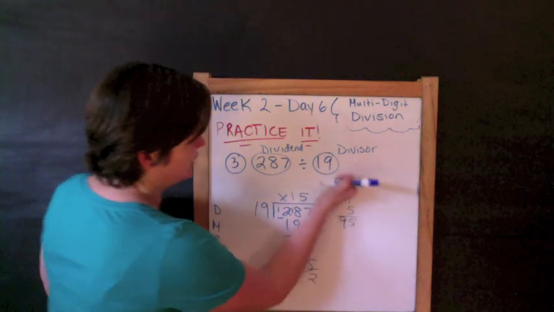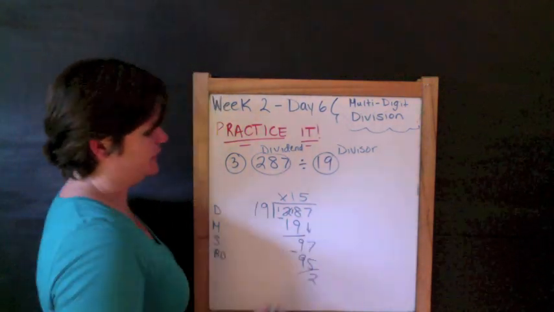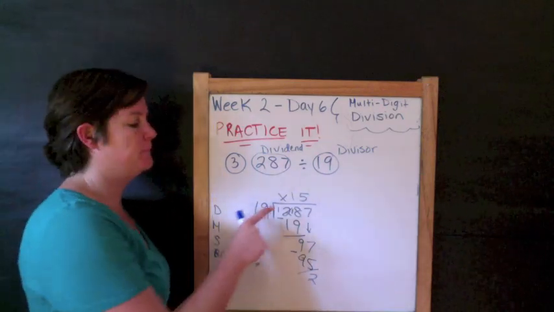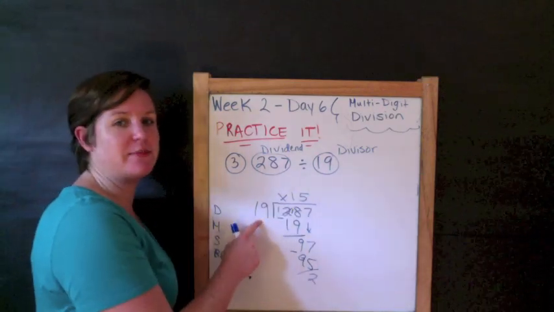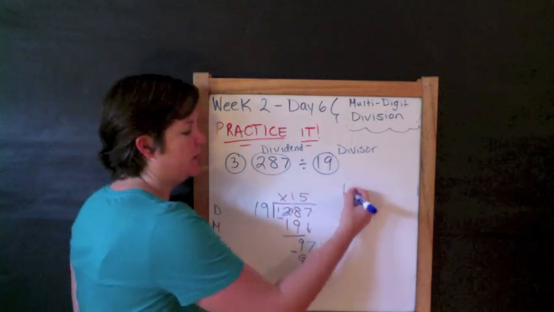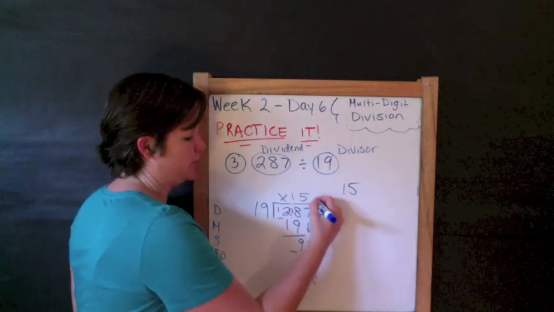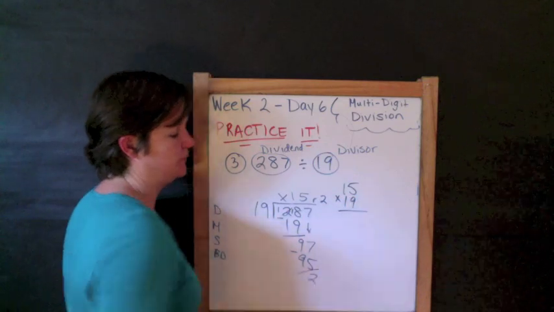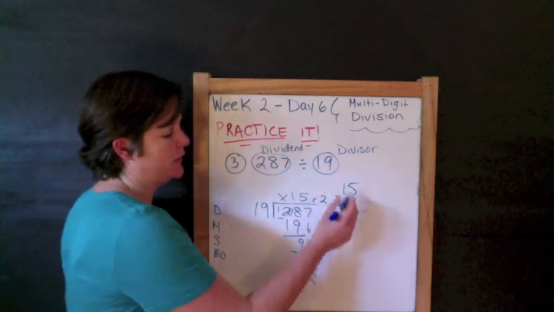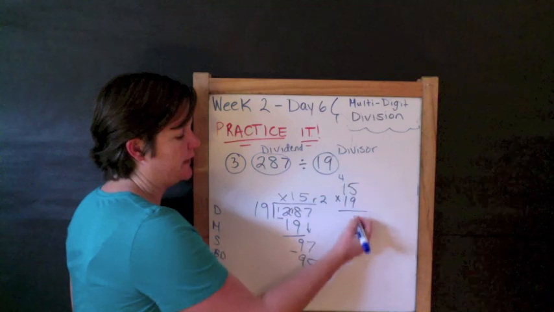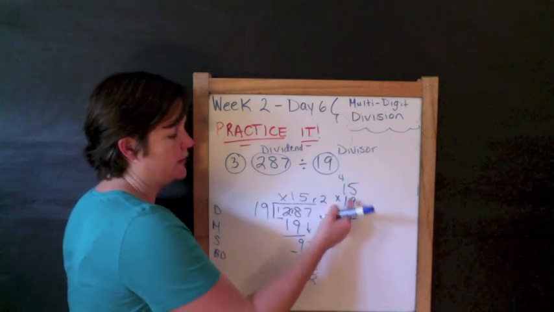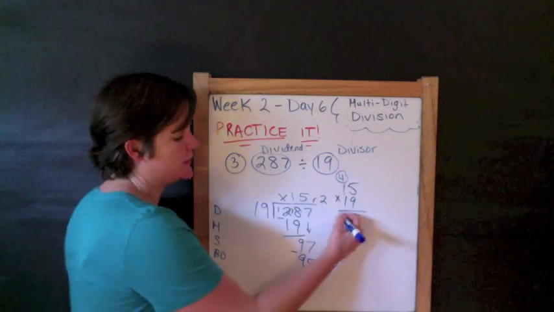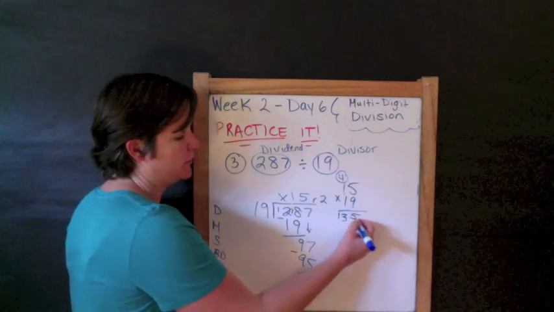Okay, so I'm just going to erase the work that I've already done over here. What do I need to multiply? 15 times 19. Good. Check my work. Oh, this would be a remainder too. 15 times 19. Okay, 9 times 5 is 45. 9 times 1 is 9, plus 4 is 13. 0 to hold the place.